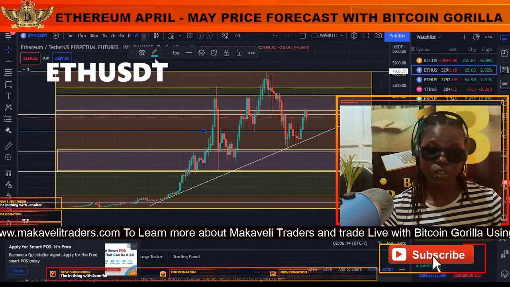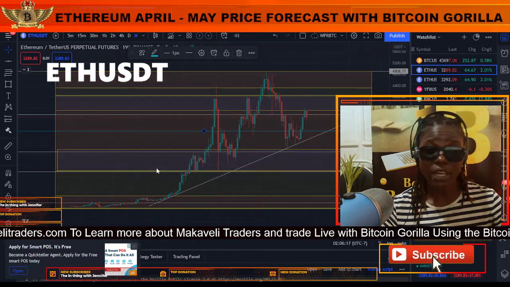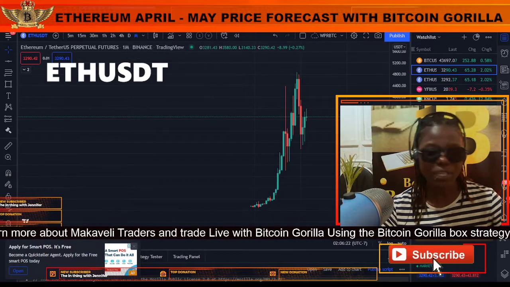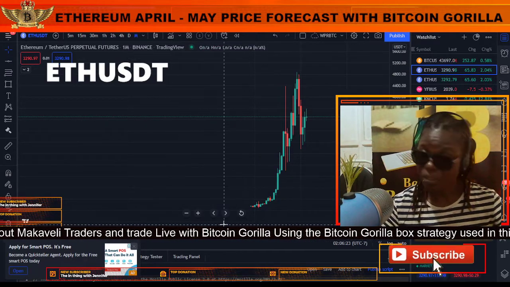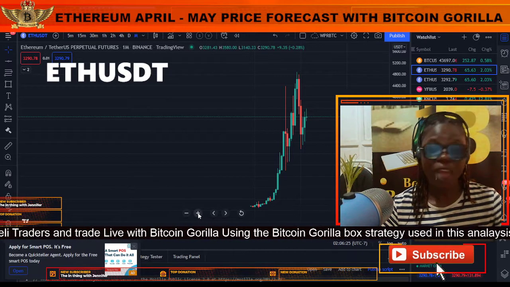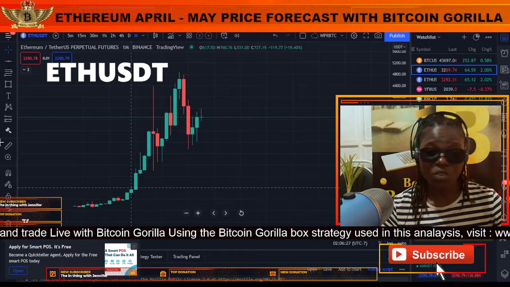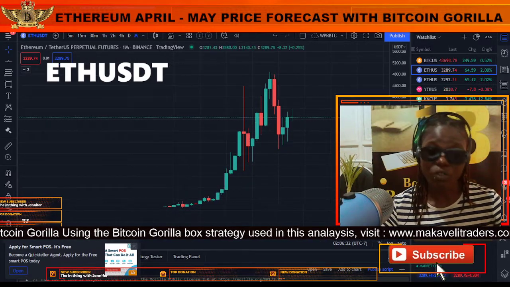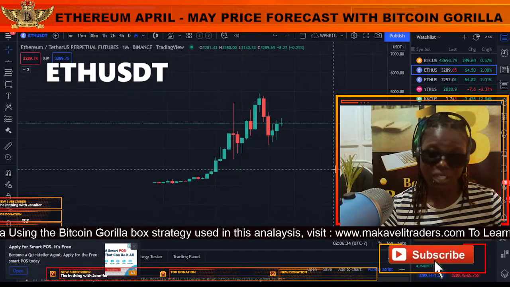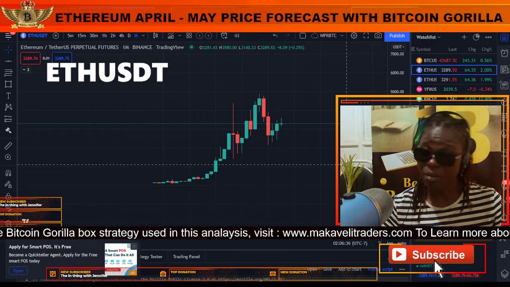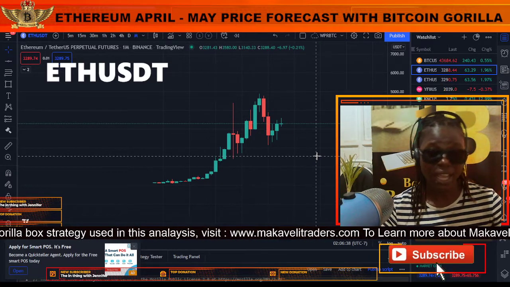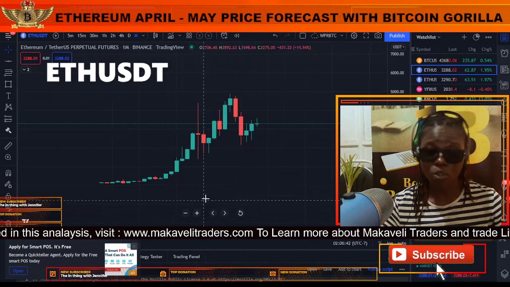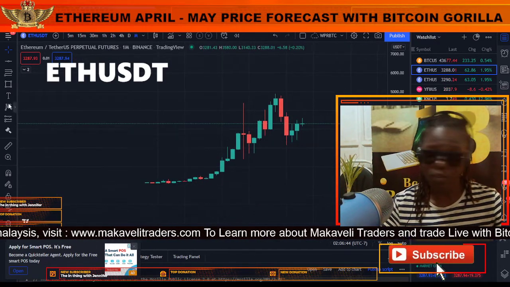Now I am going to first start the analysis by looking at the monthly chart. So this is the monthly chart. I'm going to take away all the drawings, so let's make sense of just the plain candlesticks. I love candlesticks. Without them, you won't really be able to have the indicators and other things, because all of them depend on the candlesticks, and the candlesticks tell you the amount of sellers that enter the market and the amount of buyers that enter the market, and what the outcome was on the previous day or the previous time period.